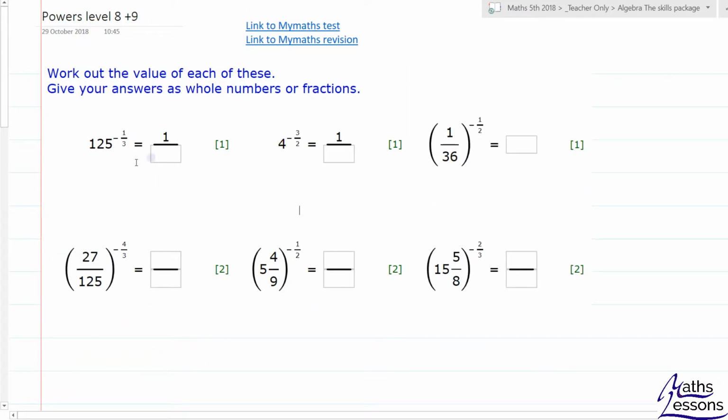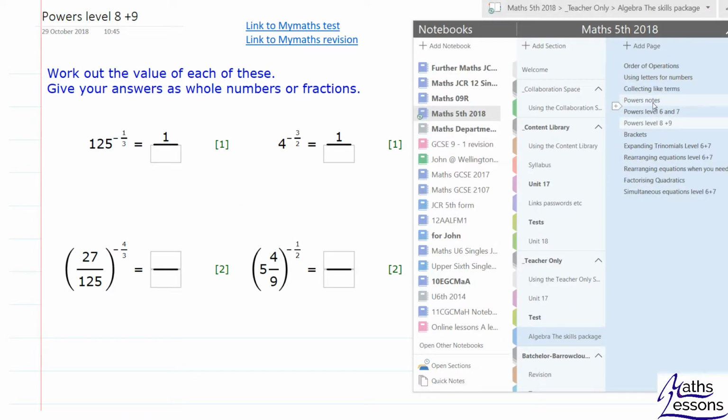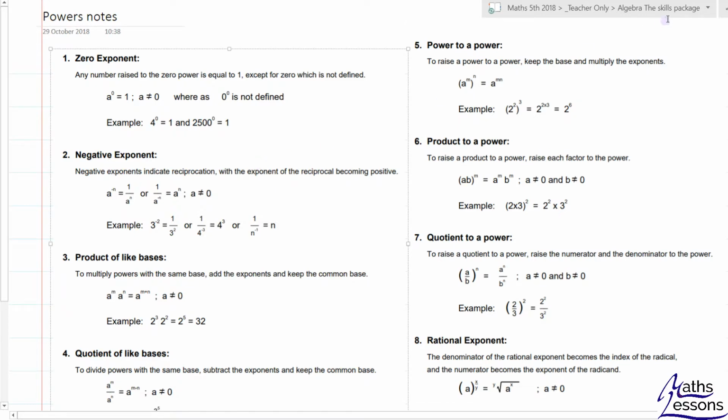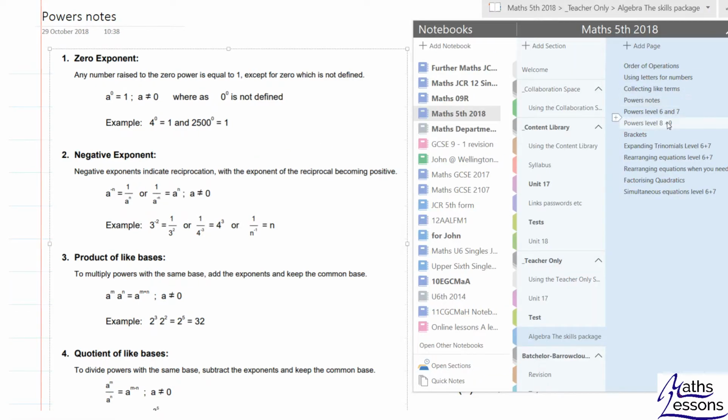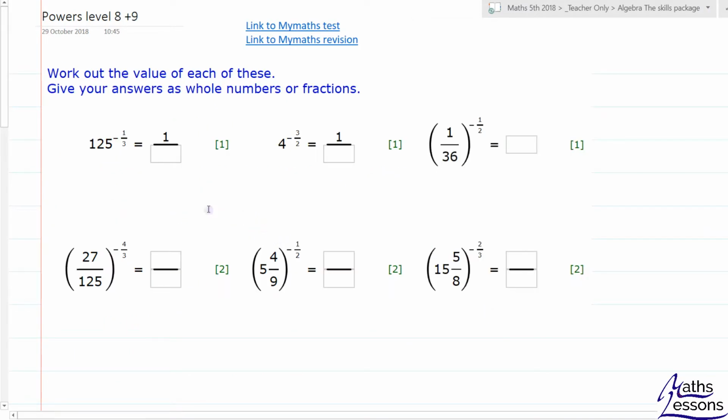Okay, so here's some more indices. Remember, you've got the sheet, powers notes, if you really need to use it. Try and do it from memory. See if you can remember what it is. I'm going to give you just 10 seconds to do the first one, then go through it with you so as to help you remember.